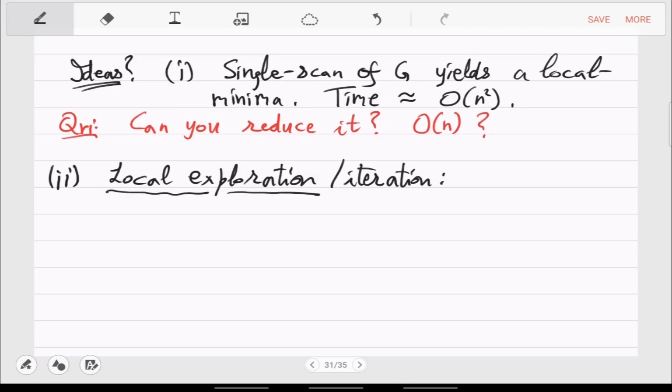Local exploration means that you can start from the 0,0th corner and go to the smaller neighbor, if it exists. If it doesn't exist, you can already output the answer. But if there is a smaller neighbor available, then you jump to that and then repeat. Okay, so that's a local exploration algorithm.